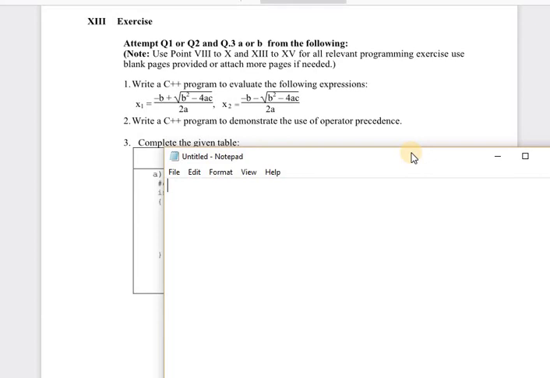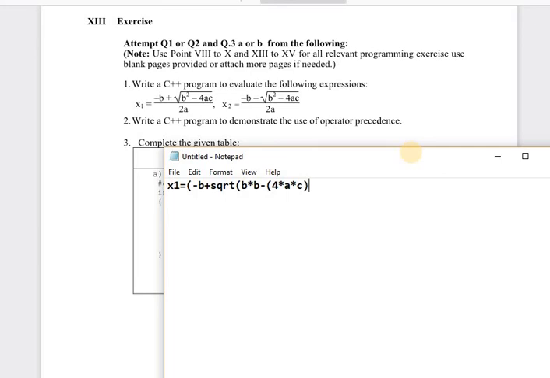See here, x1 equal to, in bracket, b plus sqrt, that is the square root function, in bracket b square, which means b into b, minus 4 into a, 4 into a into c.